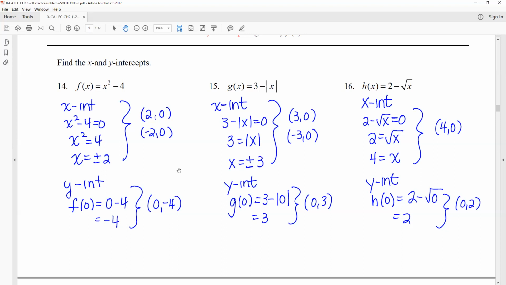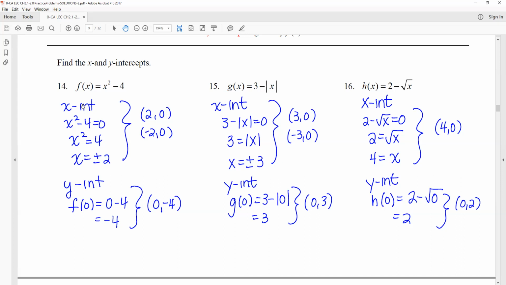Okay, on problem number 14, we're supposed to find the X and Y intercepts. The easy way to do this is simply, if we want to do the X-intercept, we replace Y with 0.